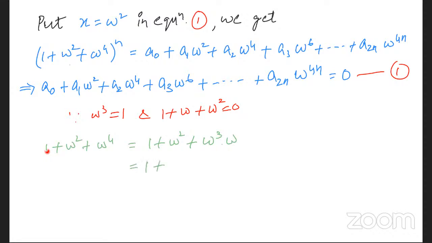So this will be 1 plus omega square plus omega, which is equal to 0. So the LHS is 0. That is what we've written. Let us consider this as equation 5.